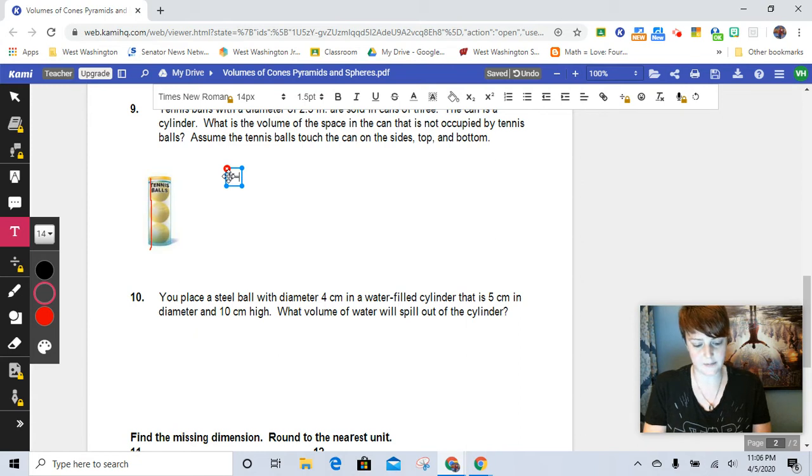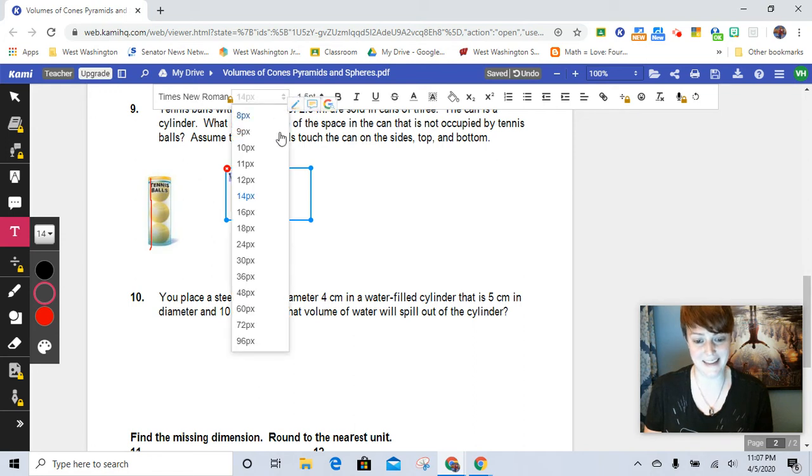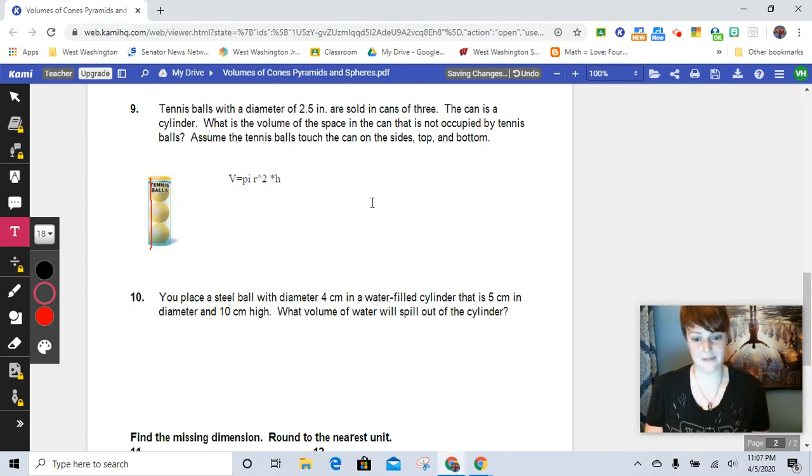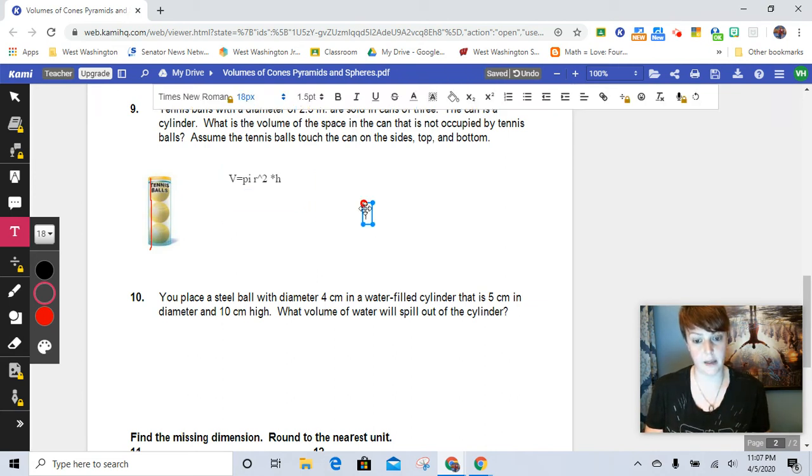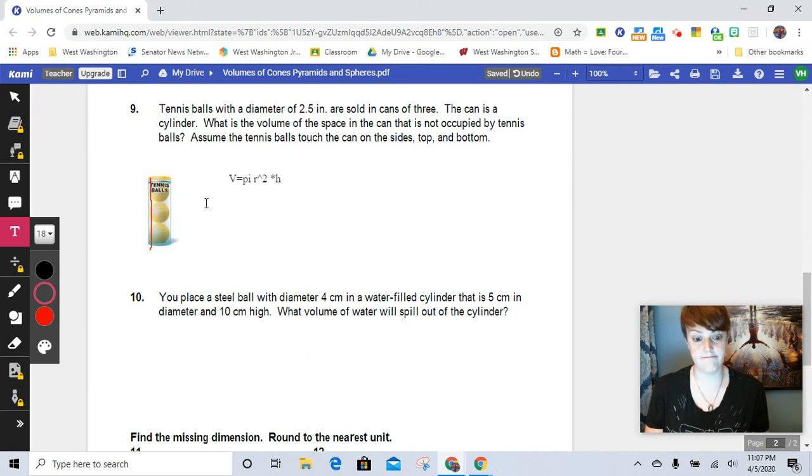Volume is pi times r squared times the height. So let me make that a little bit bigger. That did not work. This does not work the same way that my other program does. Okay, so the volume of a can is pi r squared times the height. And that's it.